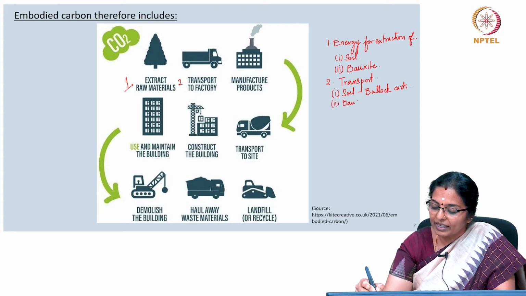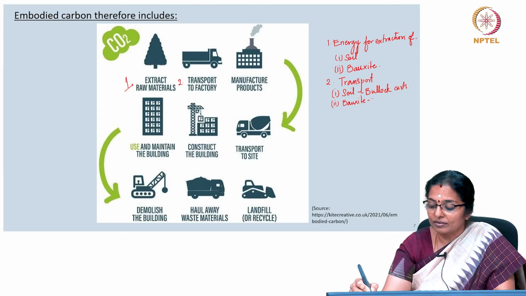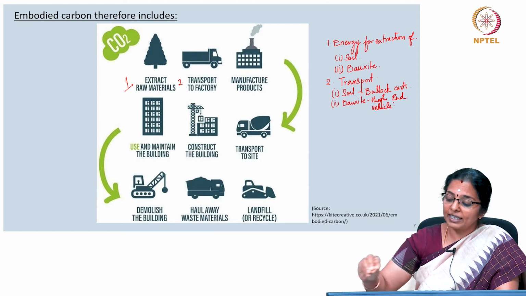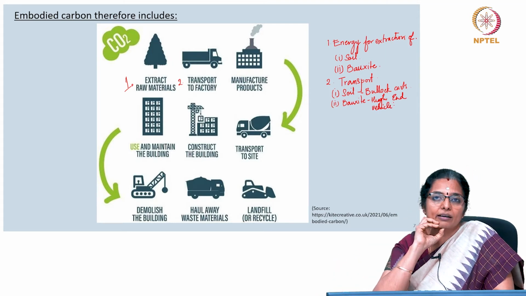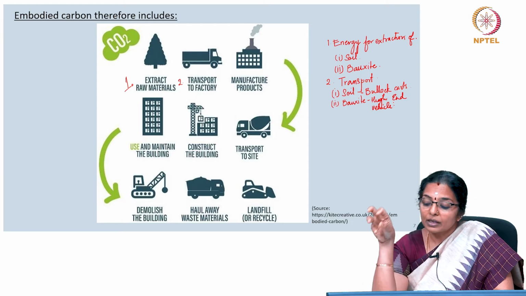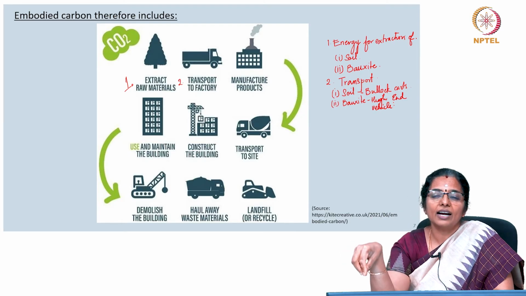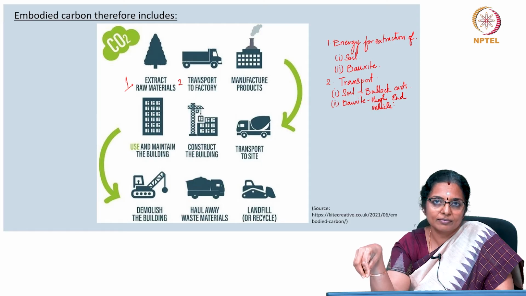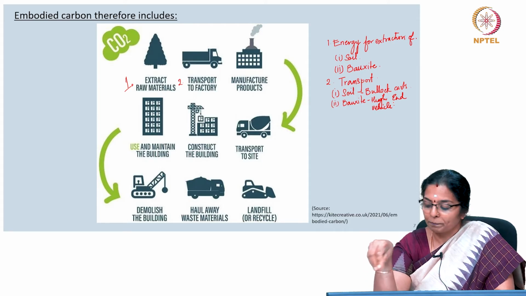So, you again need high-end machines, high-end vehicles. Can you imagine how much carbon you have already spewed into the environment between a bullock cart and a high-end vehicle, a truck, a lorry for bauxite?